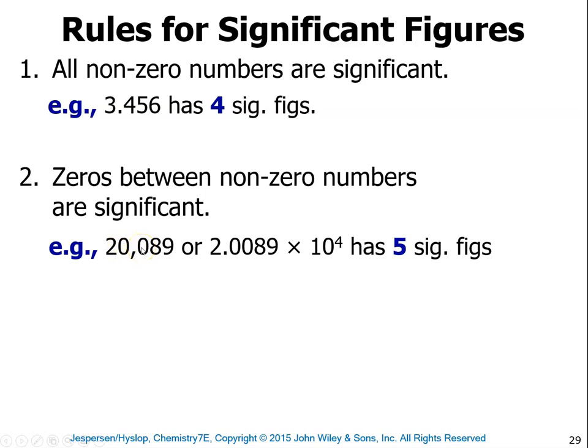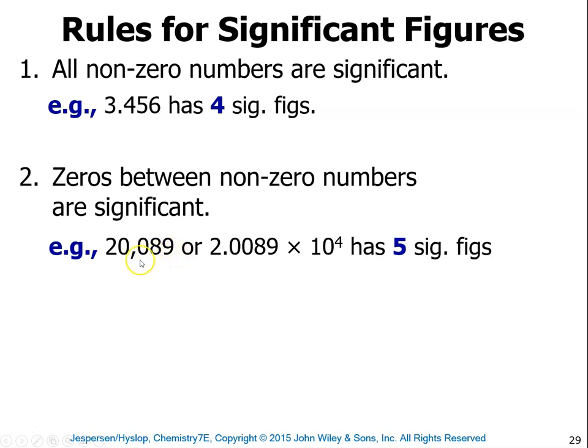One way that you can simplify this and know if it's significant or not is to convert it into scientific notation. So we mentioned with scientific notation, you basically create one unit digit, so you just have one place in front of the decimal place. In order to make this a scientific notation, we're going to move the decimal place from back here.